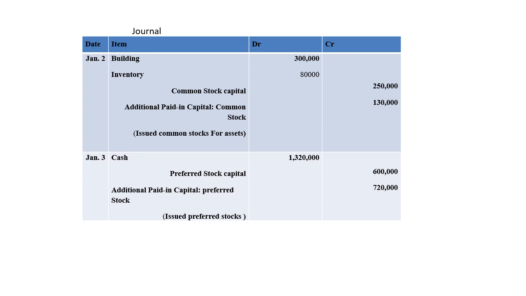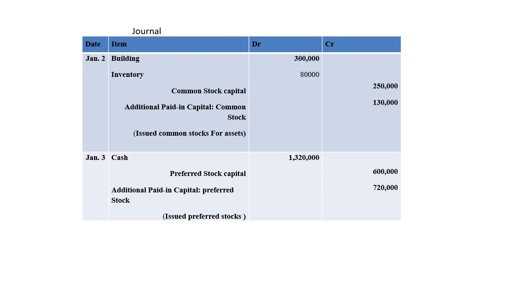You multiply the number of shares issued, which is 10,000, by the par value for the common stocks that we calculated to be 25 LE per share. So 10,000 times 25, you get the 250,000 common stock capital. The difference between the assets debit and the capital credit is additional paid in capital from common stocks.